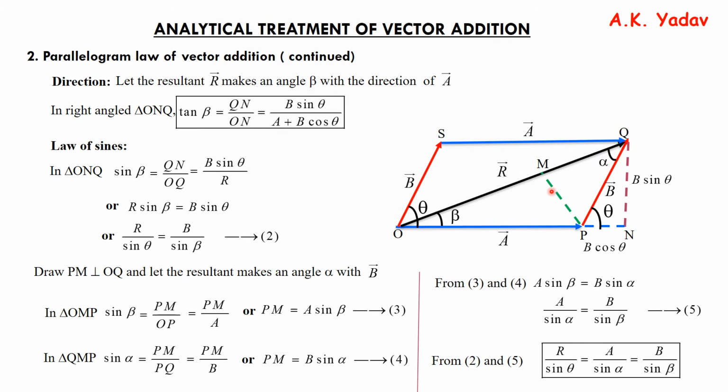In simple terms, the vector upon sine of the angle opposite to it. This is the law of sines.